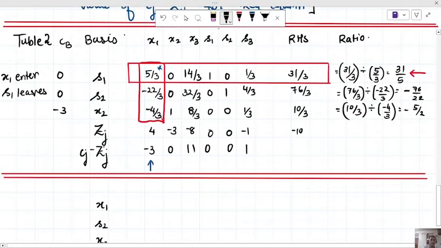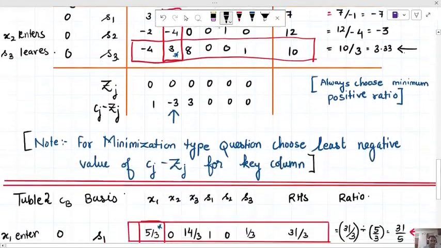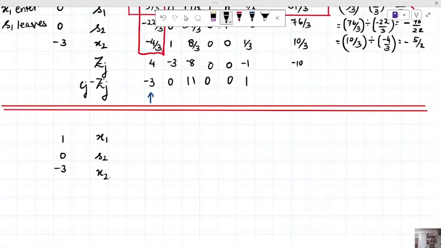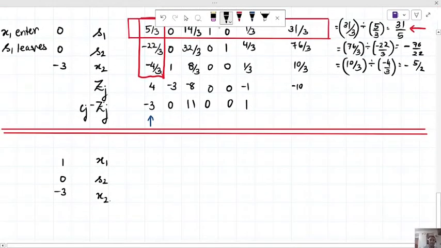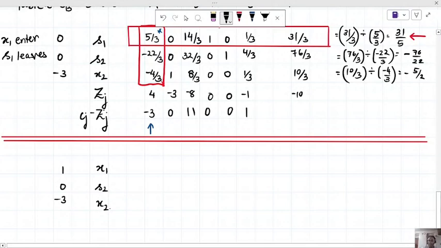The coefficient of x1 in the Cj is 1. Okay, so I write down here x1 is going to become 1, this is 0 and minus 3. Okay, we write down that, and now we write down the column and everything. So firstly you divide the entire row by the key element.